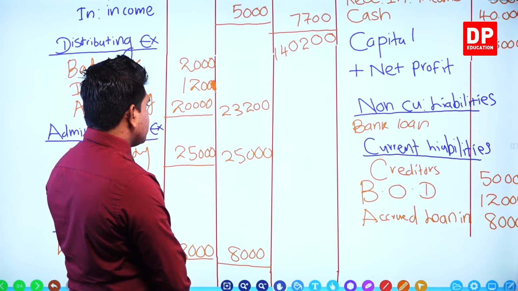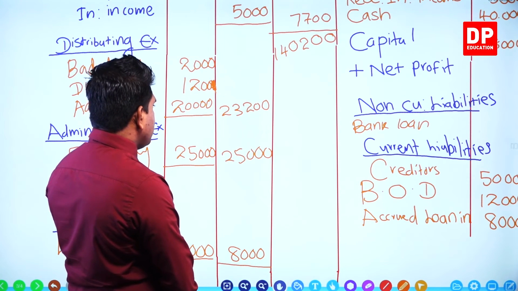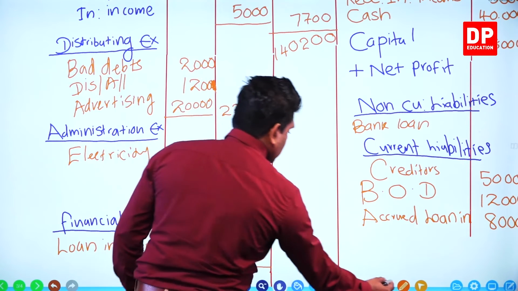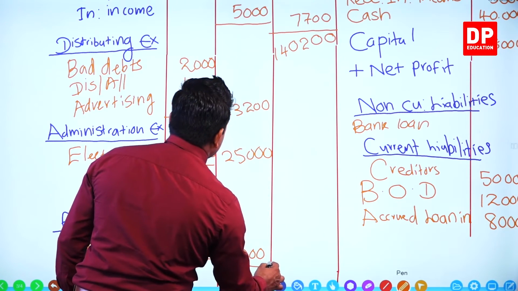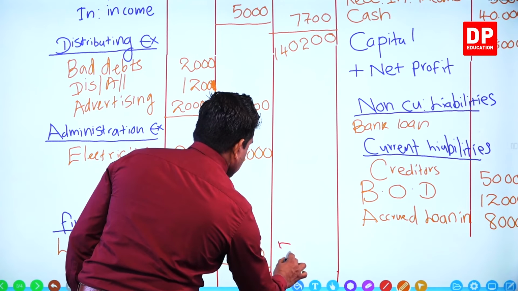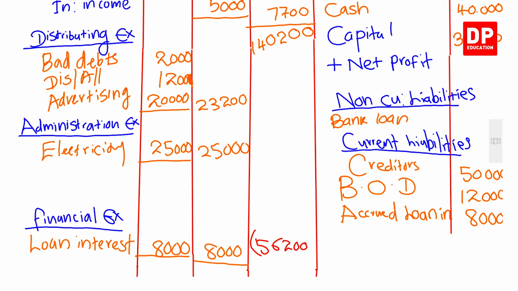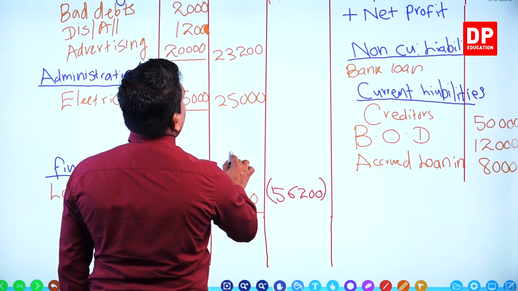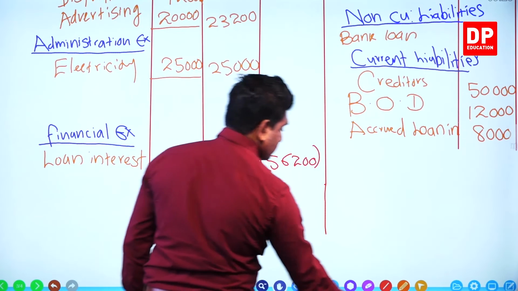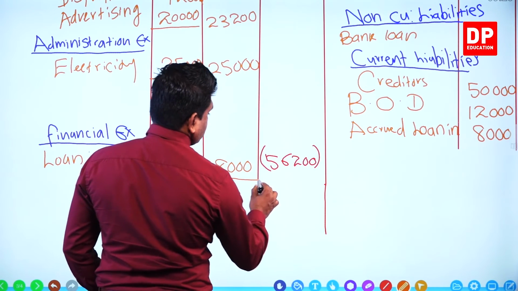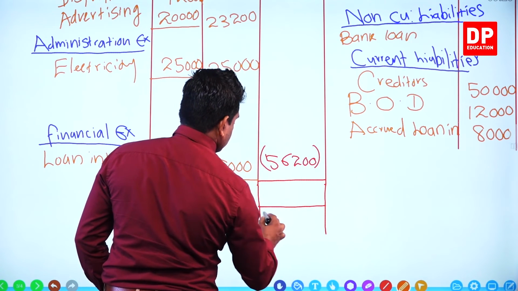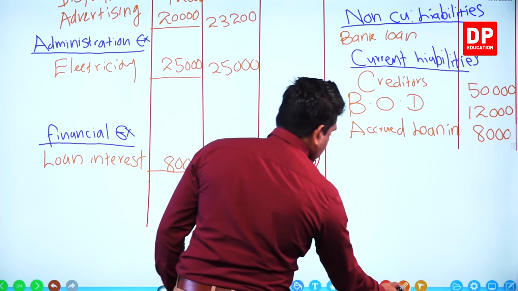Then 56,200 is the total. Put in the brackets. Then you can see 140,200.